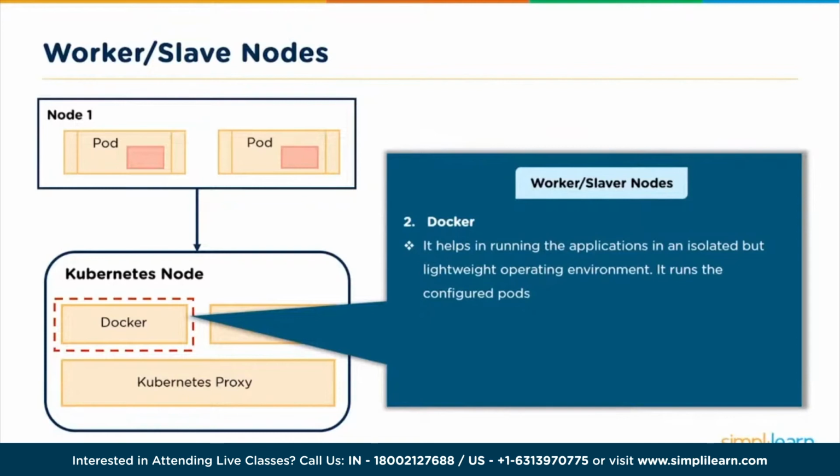So in case you want a node which has Docker running on it, RKT running on it, LXC running on it, or any other container environment, you have to ensure that the specific container runtime environment is available on that specific node, so that whenever a job is submitted, with a description of what needs to be run as part of the pod, what image it should be powered with, and what kind of container to spin up, when the job is finally assigned to this particular node, it would definitely need a container runtime to be up and running. That exists only if the container runtime is installed and running on your Kubernetes worker node.